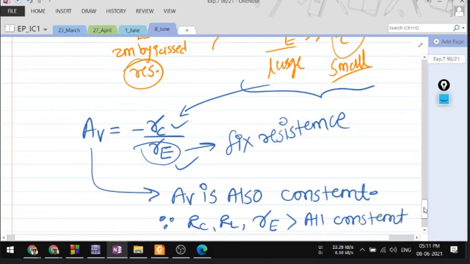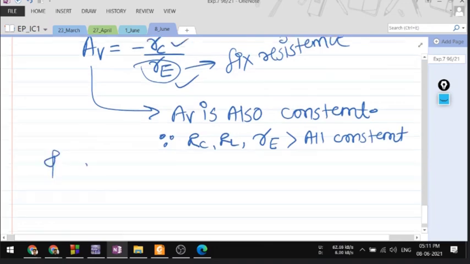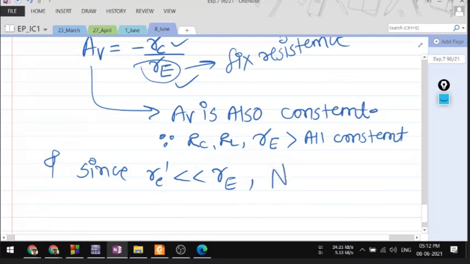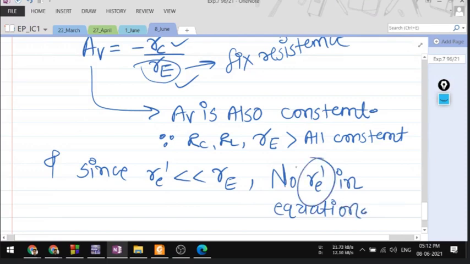There is no RE dash in the equation, since RE dash is less than RE, so the equation is independent of RE dash. This will happen if you unbypass some resistance.